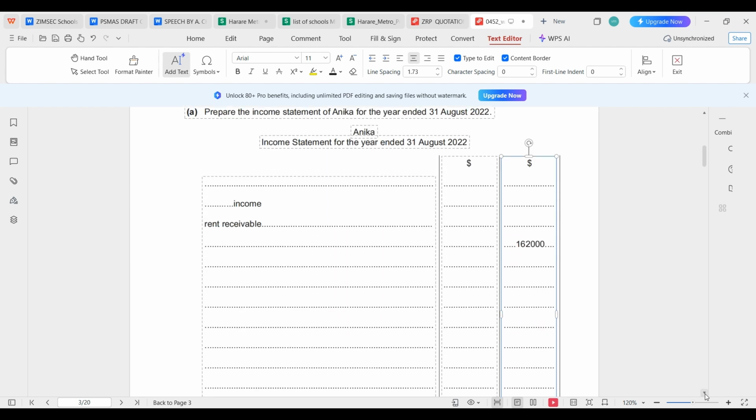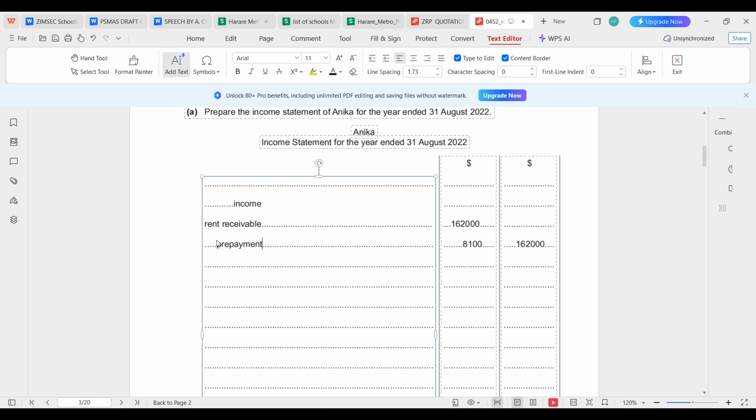So which means that here our rent receivable is supposed to be 162,000 less 8,100. Which one is this one now? That's the prepayment that we have here.